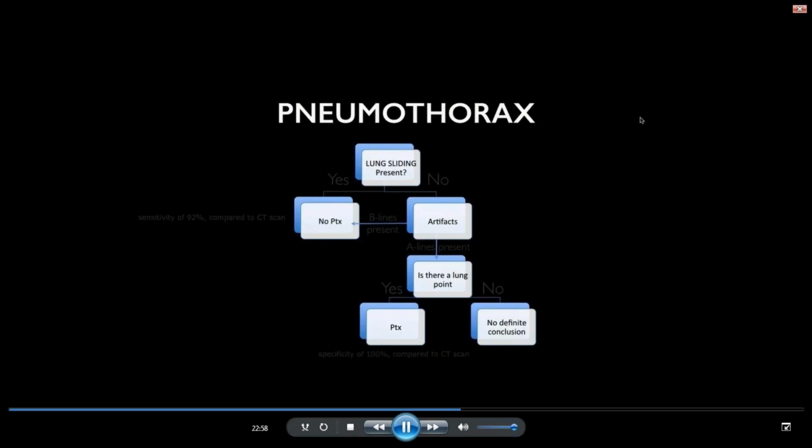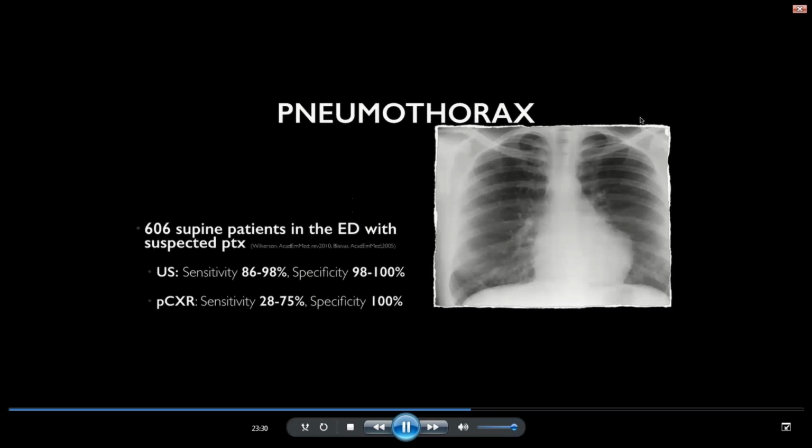However, if you see A lines, you move on to the next step, which is to look out for what's called the lung point. The lung point is a transition point between the normal lung and the pneumothorax lung. So once you can confirm a transition point, you have very confidently ruled in pneumothorax with a specificity of 100%. However, if it's absent, there is no definite conclusion in that case.